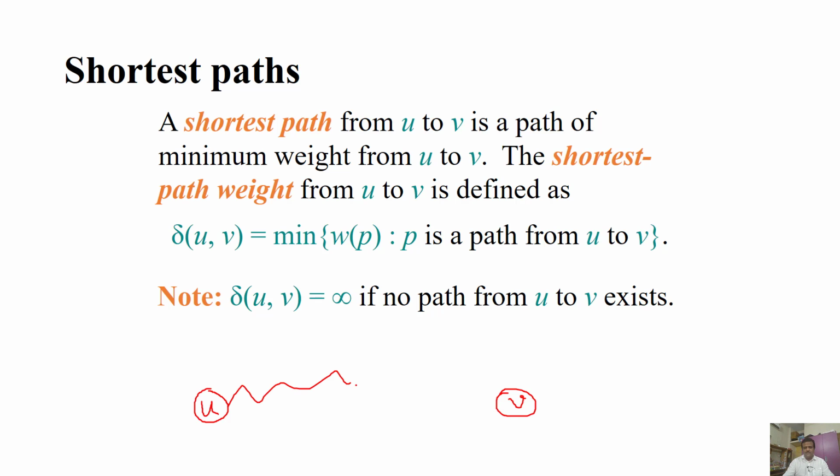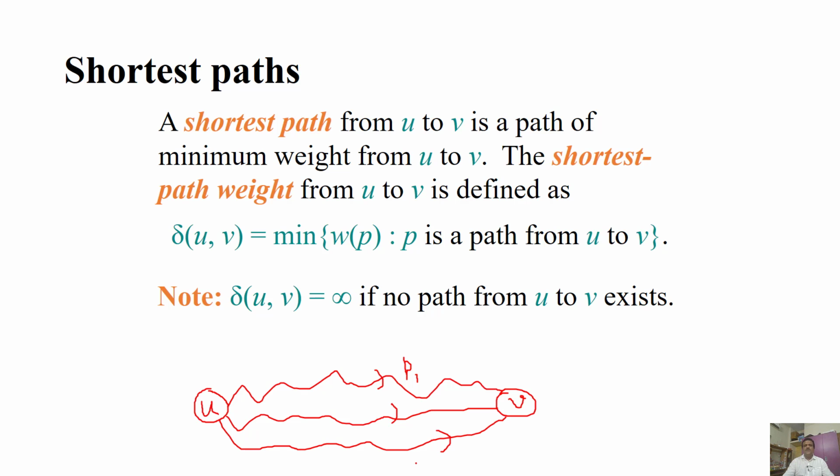Suppose there are a few paths from u to v. This is p1, one path, and we have another path, say p2, and another path p3, like this.